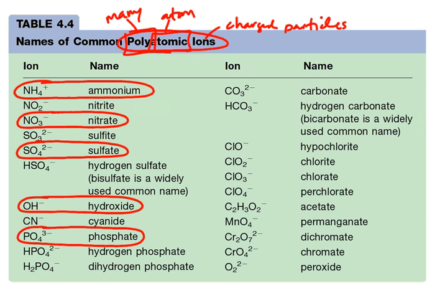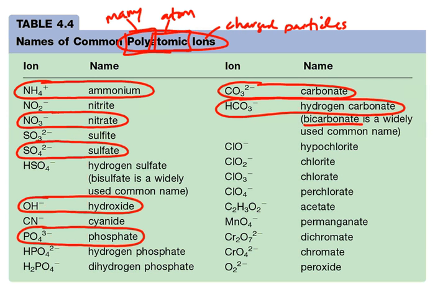All right, these are the big ones. Let's see, carbonate, bicarbonate, which is also known as hydrogen carbonate, but this is the more common use, right? Bicarbonate, for example, sodium bicarbonate is baking soda. Okay, acetate.